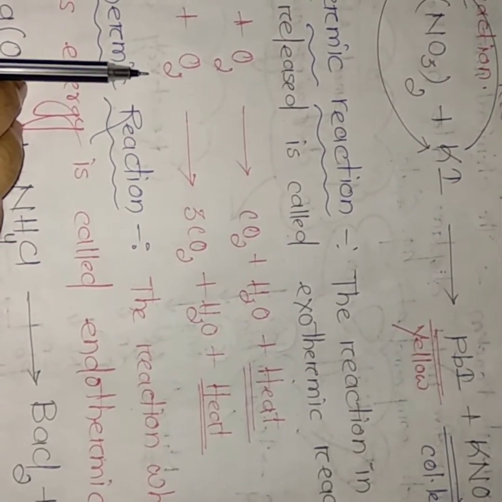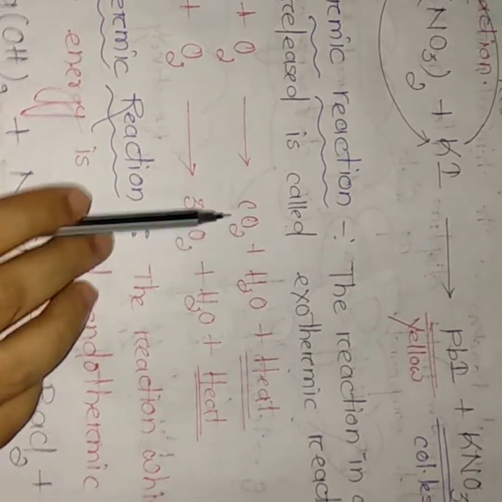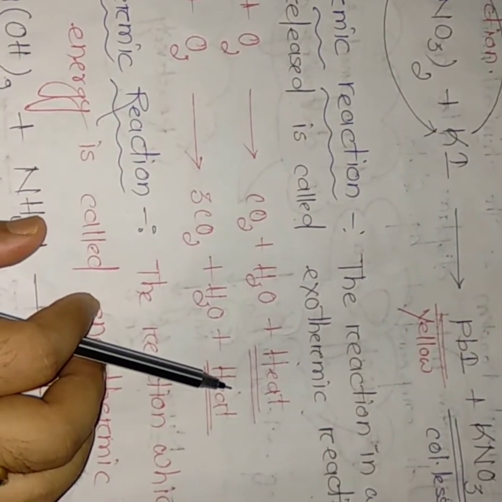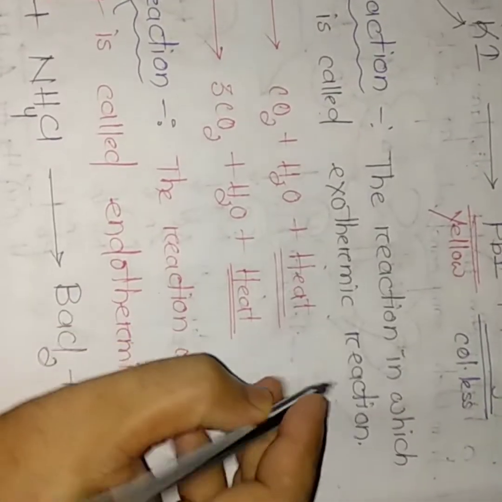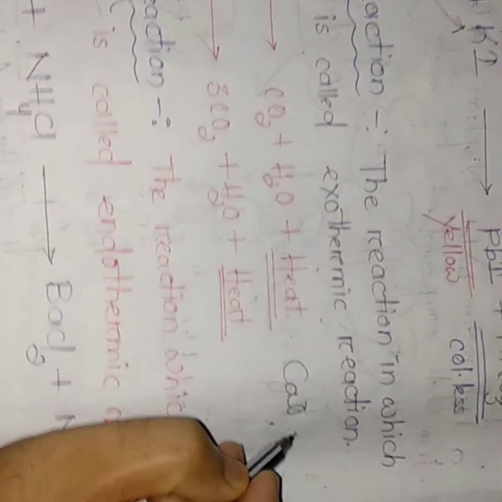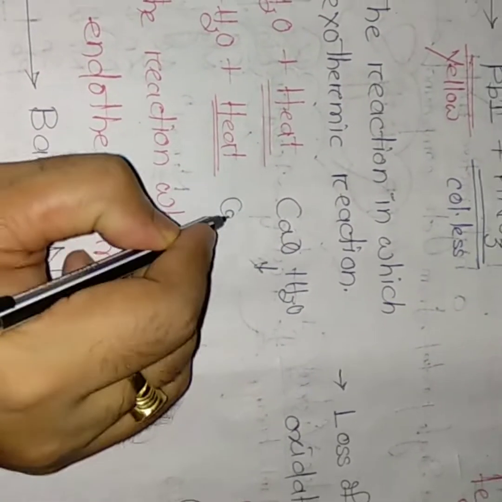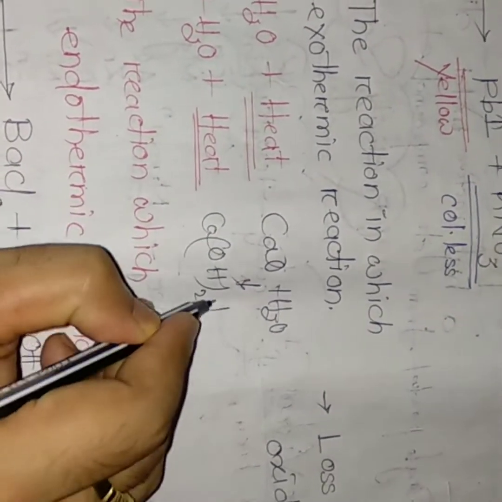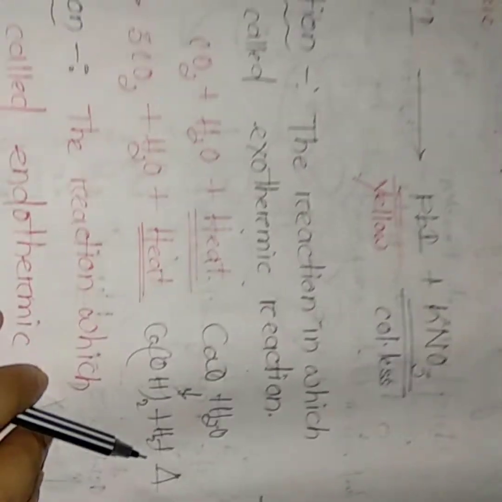Coal, that is carbon, when it combines with oxygen, gives you carbon dioxide, water and heat. Done. So this is exothermic reaction. When calcium oxide combines with water, it gives you calcium hydroxide, hydrogen gas and heat. This is also exothermic reaction.